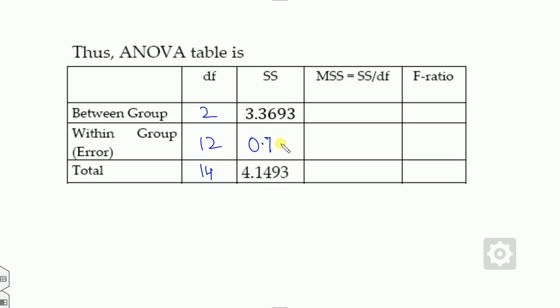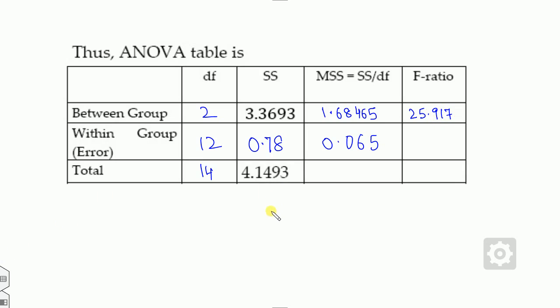So it becomes 0.78. Now this is this divided by this, so it means 1.684, and when you divide this, it becomes 0.065. And the F ratio is this divided by this, so it comes to be 25.917.